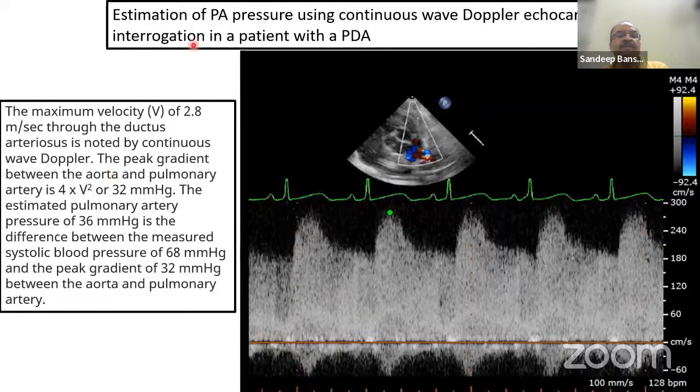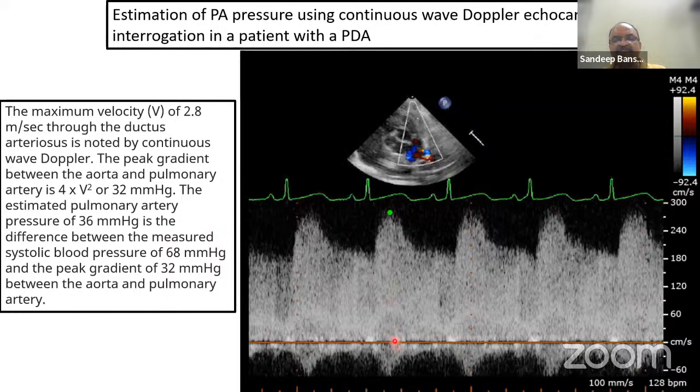So this is another question that is sometimes asked: okay, this is the continuous murmur of PDA, how do you know what is the estimated pulmonary artery pressure?